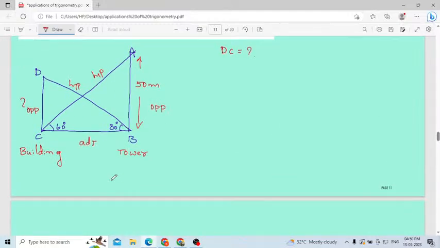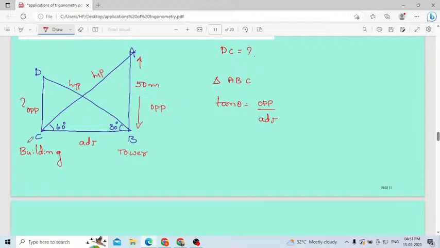I will write here only. Consider the triangle ABC. In this triangle ABC, tan theta will be opposite divided by adjacent.